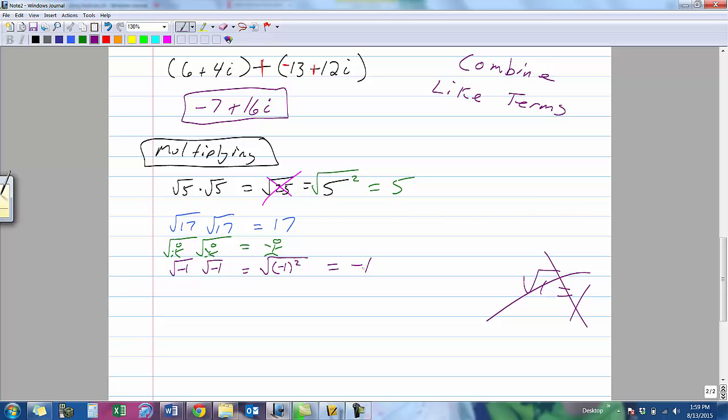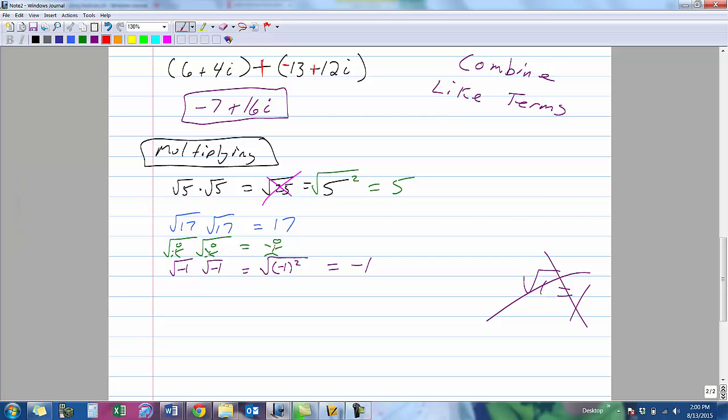Root negative 1 times root negative 1 is negative 1. You can even see it with stick dude. What if stick dude is negative 5? Root negative 5 times root negative 5 is still going to be negative 5. The negative is still going to come out when you're using radicals.